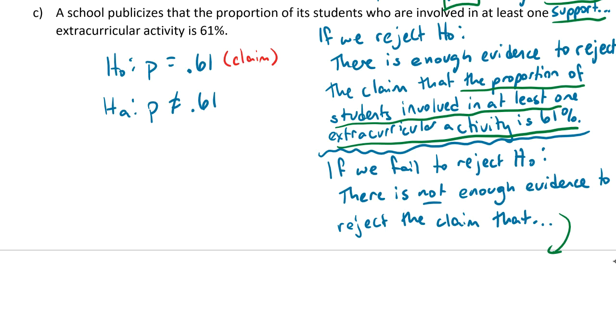We're comparing that to our alpha, which is basically how much error we're willing to have, and then we're stating a conclusion like this. In the next few sections, our main goal is just to learn how to find that p-value.